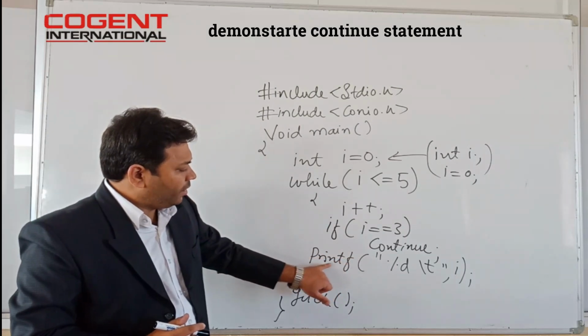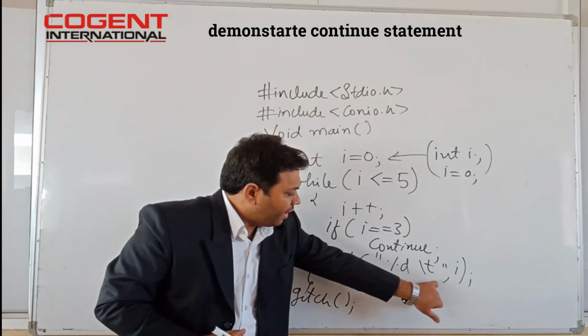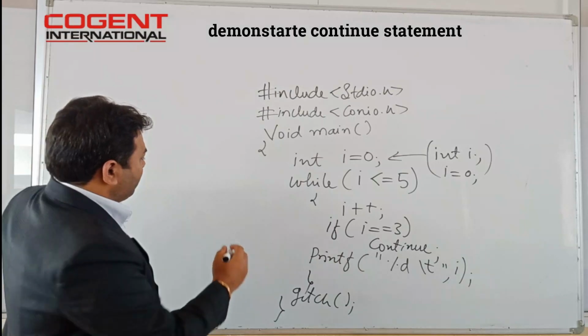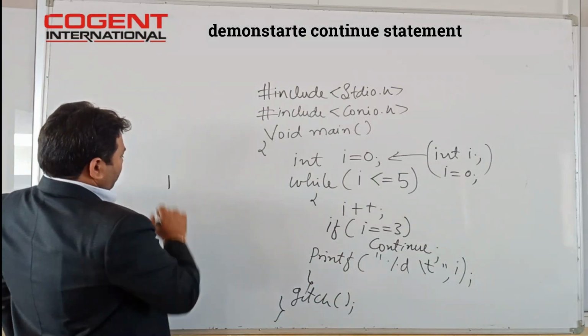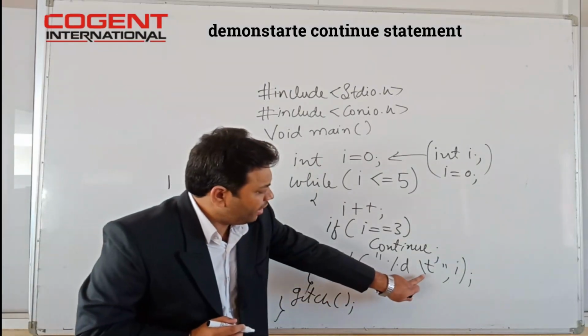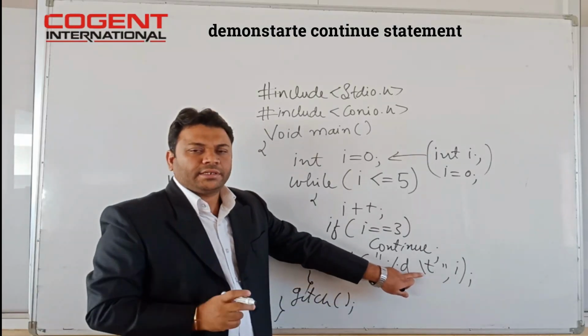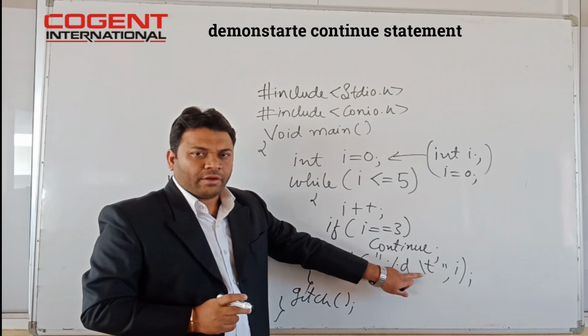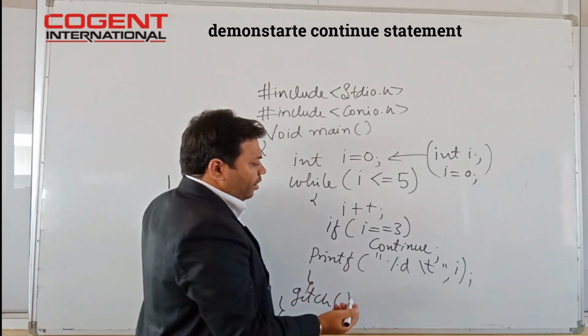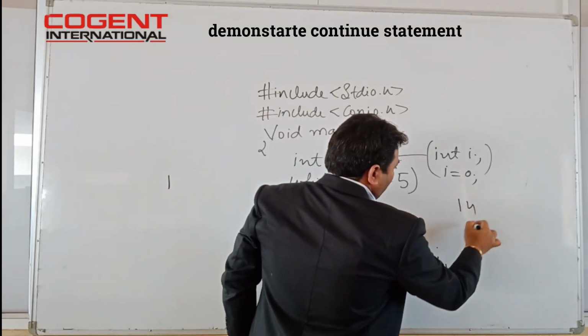Then it will print the i value, that is 1. Here I have included slash t, which indicates a tab. I can include slash n also, or slash t.